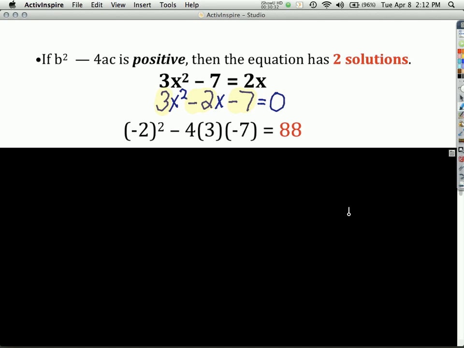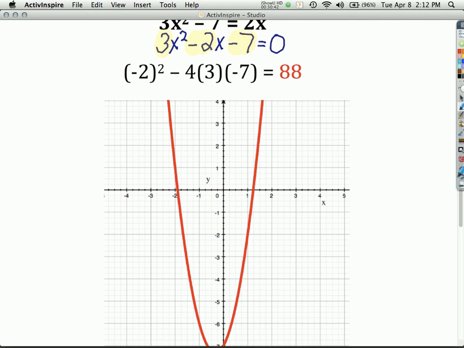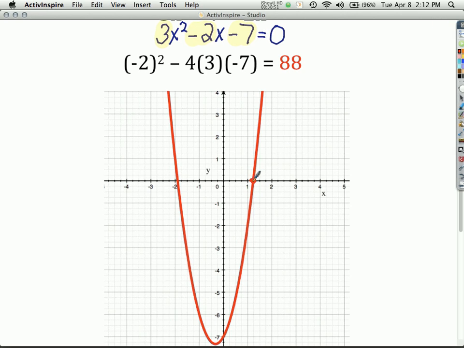They're called the zeros of the function, and it's going to cross the x-axis twice. Watch this. Hidden below here, I did produce the graph of this, and look at what we have. Without actually doing anything, we knew that there were going to be two solutions. 2 points on the graph where it was going to cross the x-axis. Does anyone have any questions on the graph or the connection between the discriminant and the graph?